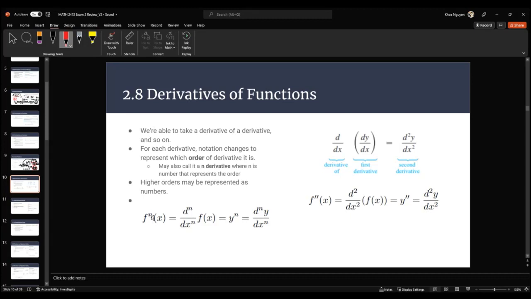An n indicates the nth derivative, so this could be a 2 for the second derivative, or a 1 for the first derivative. You could also denote it as primes, these apostrophes. If you have 1 prime, then it's the first derivative, and 2 primes is the second derivative. These ones on the side here are all ways to represent the second derivative.